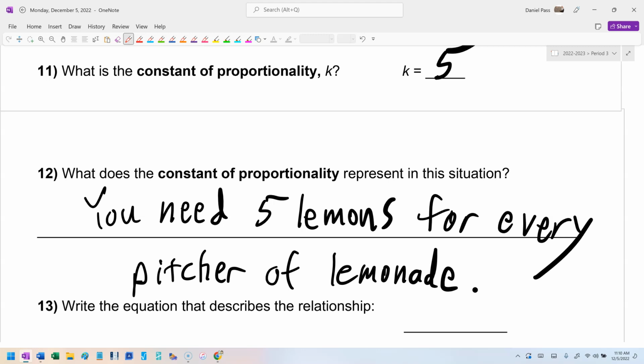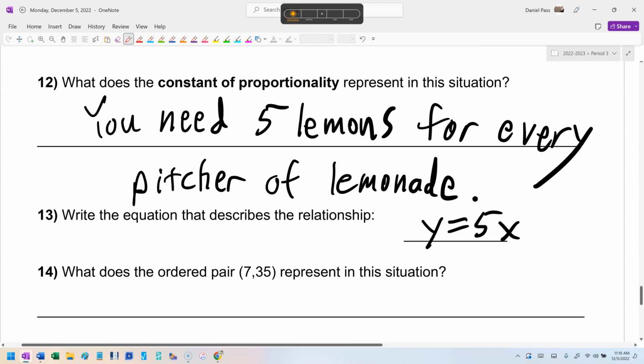Write the equation that describes the relationship. 5 over 1? No, that's for k. We want to use... Does anybody remember the equation? y equals 5x. Remember, when they ask you for an equation, you're going to have your y and your x.